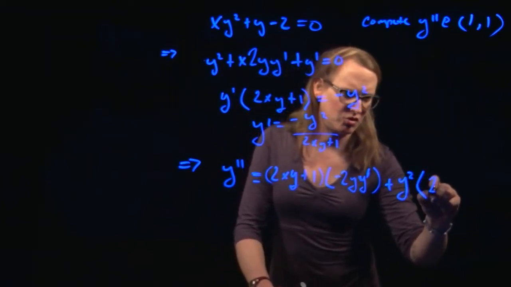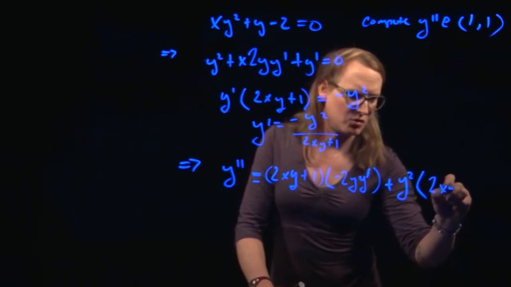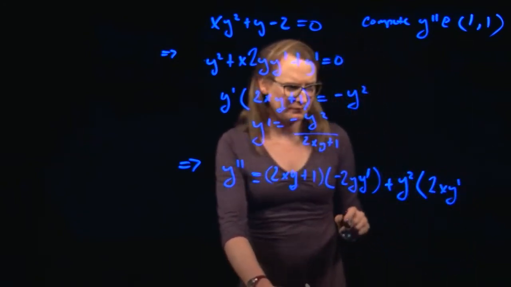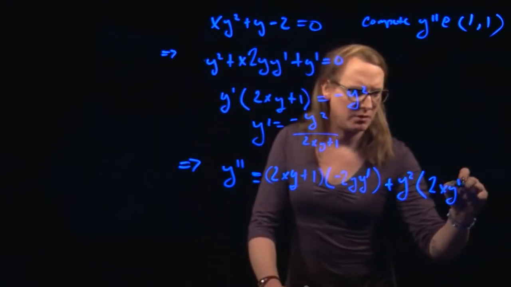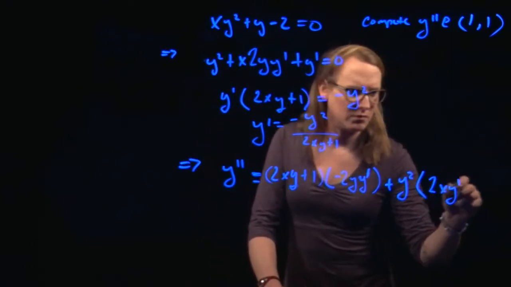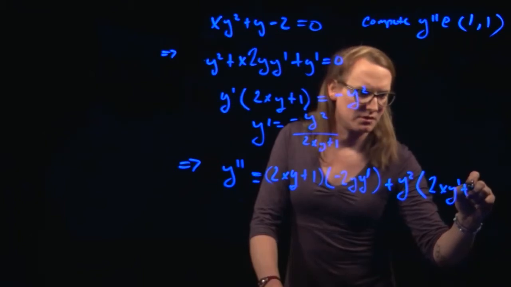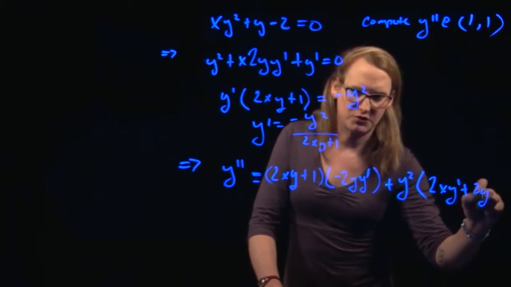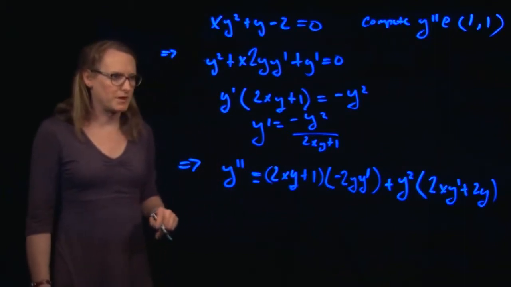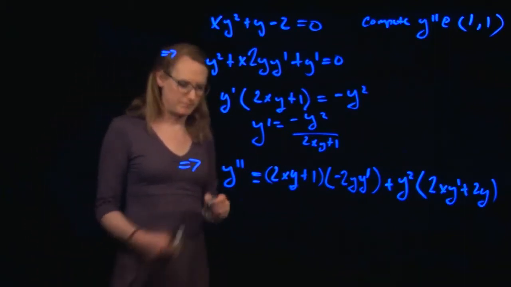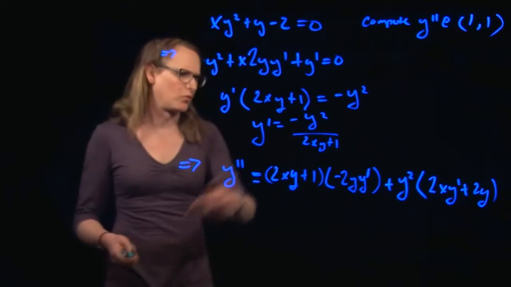So 2xy prime. I'm going to spill off the screen here. Plus 2y. Oh, I made it. Okay. Yeah, because the derivative of 1 is 0.